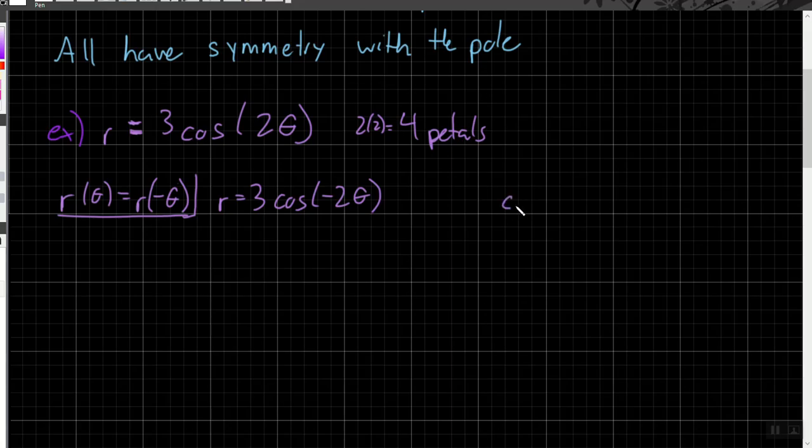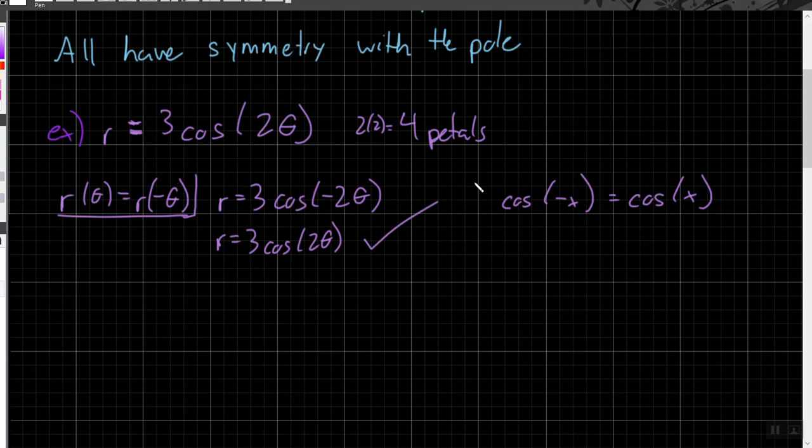Cosine is an even function, so whatever the argument, if it's negative inside, it's equal to the positive argument. Yep, it's the same as r equals 3 cosine of 2 theta.